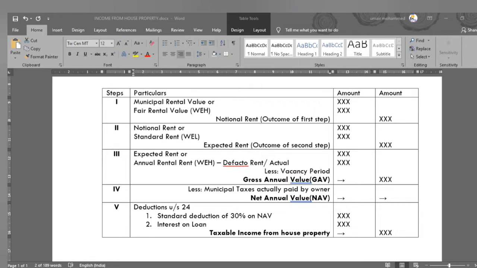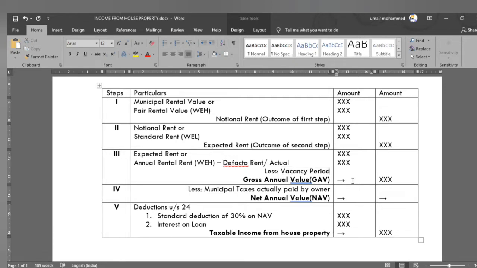But what about all these months in which the property remains vacant? So that will be considered as a vacancy period, and this vacancy period is a loss to the owner of the house, which he can deduct from the outcome of the third step. So vacancy period can be deducted.